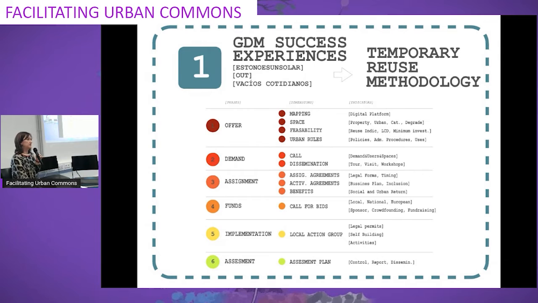The first one is to know very well what the offer is, mapping all the abandoned and empty spaces. Then the very important matter is to know the spaces very well, and as architects, of course, we analyze the kind of properties, what kind of cataloguing the building has, and the level of degradation.